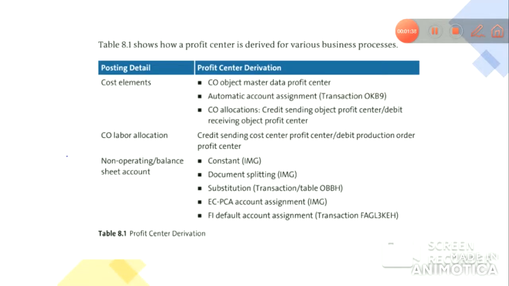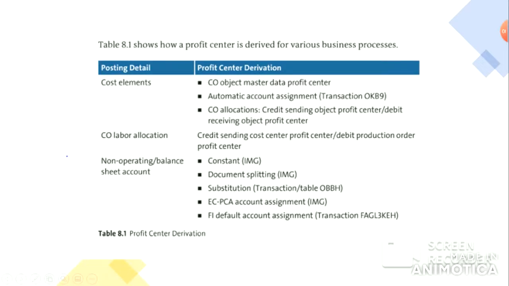This table shows how a profit center is derived from various business processes. Posting detail, cost elements, profit center derivation is CO, object master data profit center, automatic account assignment. CO allocations, credit sending object, profit center or debit receiving object, profit center. CO labor allocation, credit sending cost center, profit center or debit production order, profit center.